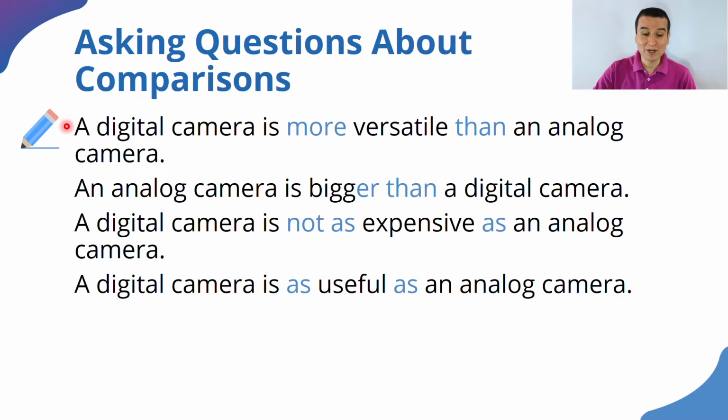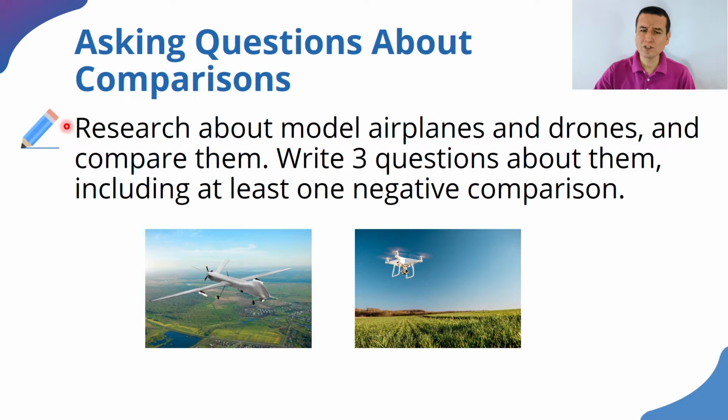Now, I have one more activity for you. It says, research about model airplanes, those small airplanes that fly, and drones, those small devices, small gadgets that fly as well. And compare them. Once you have some information about both items, you're going to compare them. Write 3 questions about them, including at least one negative comparison.